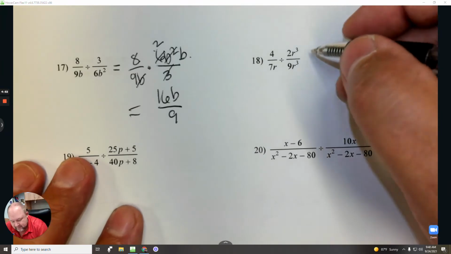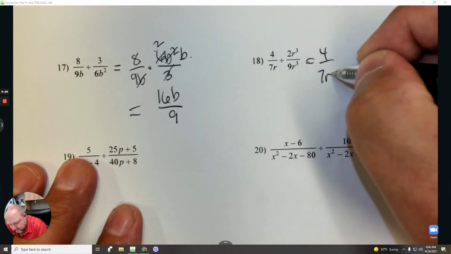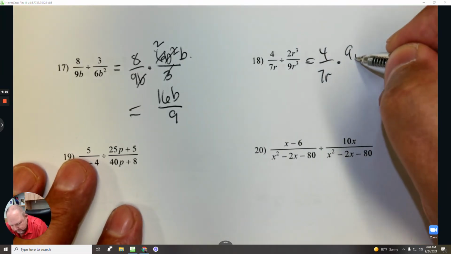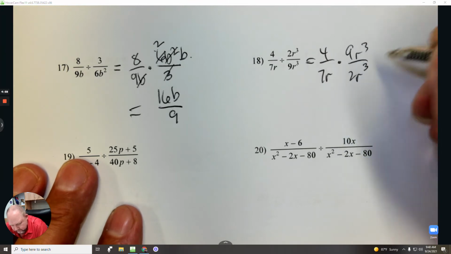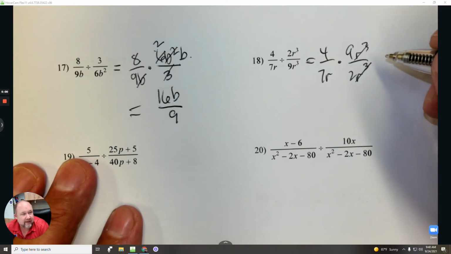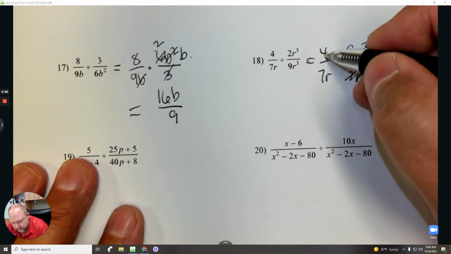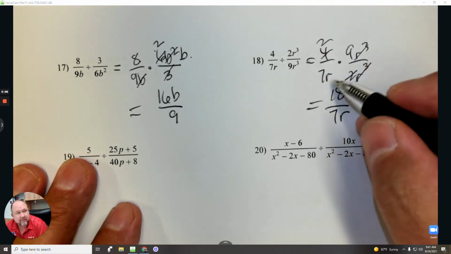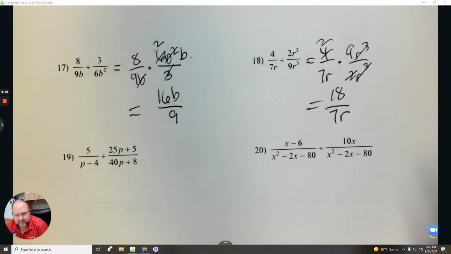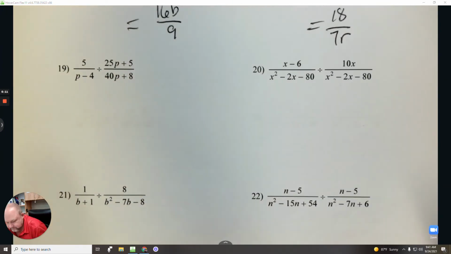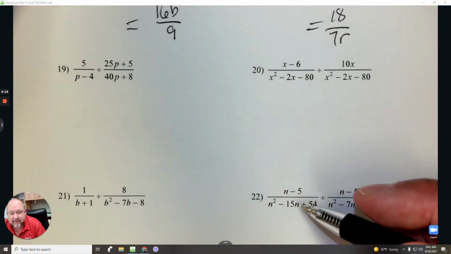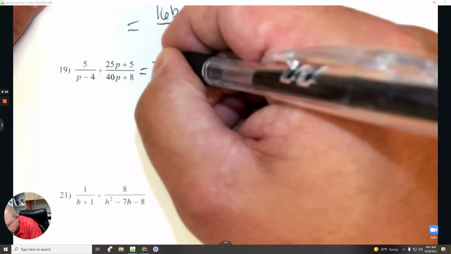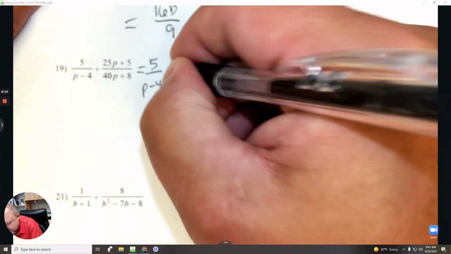In number 18, again, the first step is to change it to multiplying by doing the reciprocal. The r cubes divide out. 2 goes into 4 twice, and that's it. So you multiply across the top and the bottom, and that's what's left. Number 19. First step is to do the reciprocal, change it to multiplying.